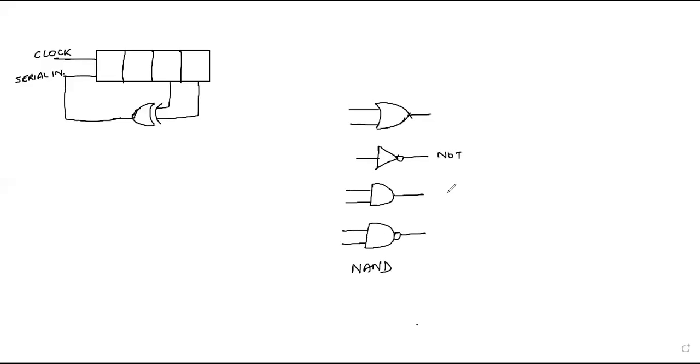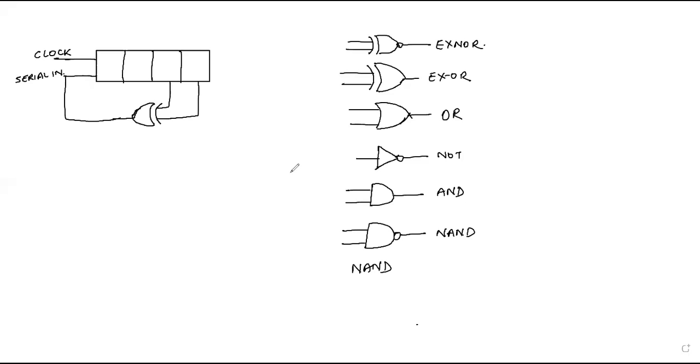This is NOT, this is AND, this is NAND, I have already written it. This is OR. Next, which gate is this? XOR gate. One more. Which gate is this? XNOR.